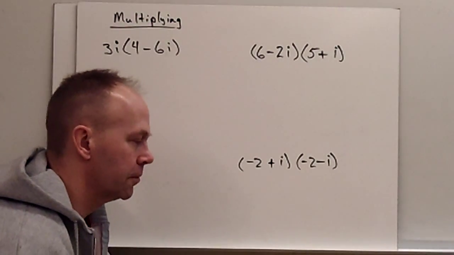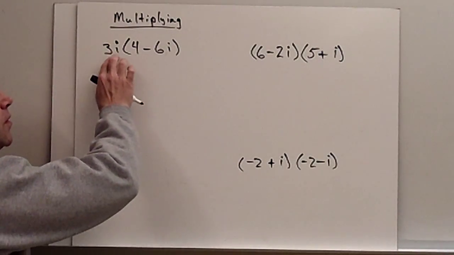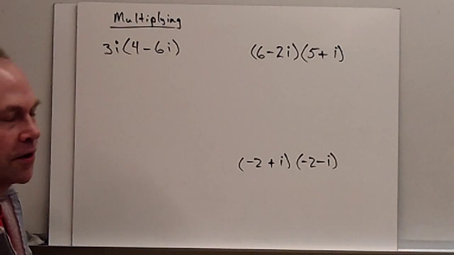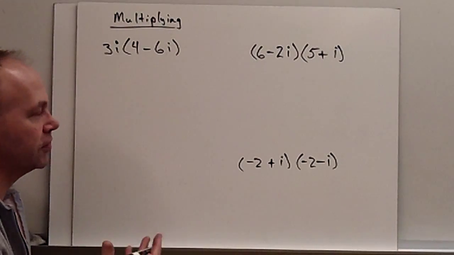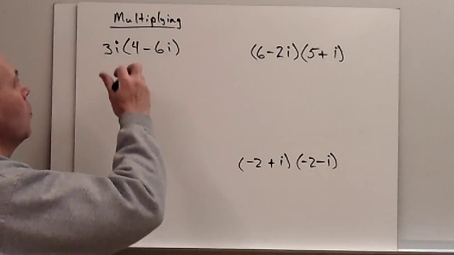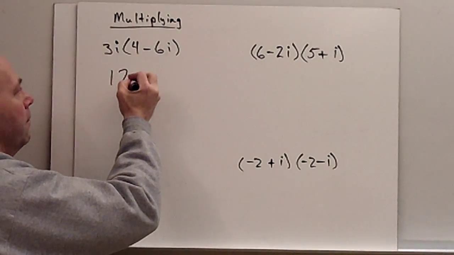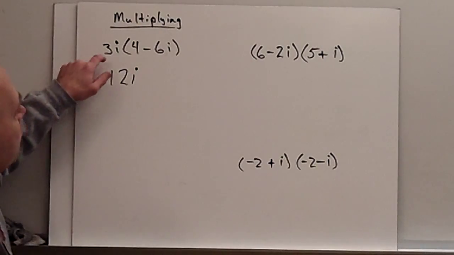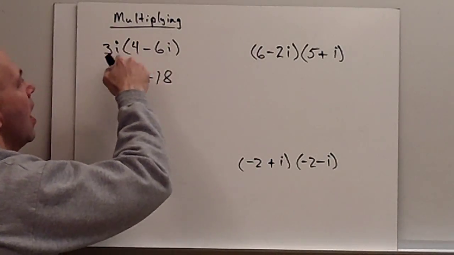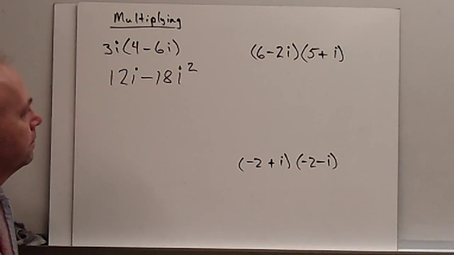Multiplying complex numbers. First, let's look at multiplying a monomial, something with just an imaginary part, times a binomial, real and imaginary. Again, it's just like multiplying a monomial times a binomial with x's. We're going to distribute. 3i times 4i is 12i. 3i times negative 6i, 3 times negative 6 is negative 18. i times i is i squared, but now I've got a little simplifying to do.